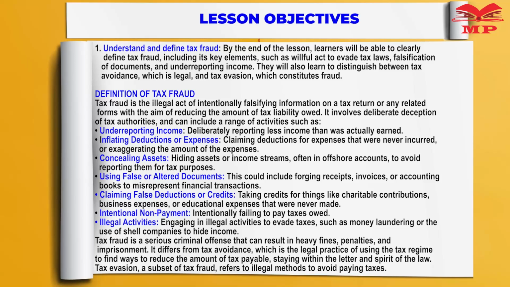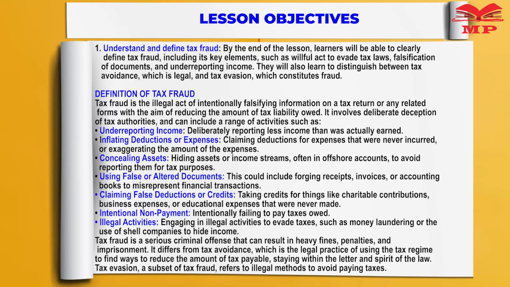Lesson objectives: understand and define tax fraud. By the end of the lesson, learners will be able to clearly define tax fraud, including its key elements, such as willful act to evade tax laws, falsification of documents, and underreporting income.